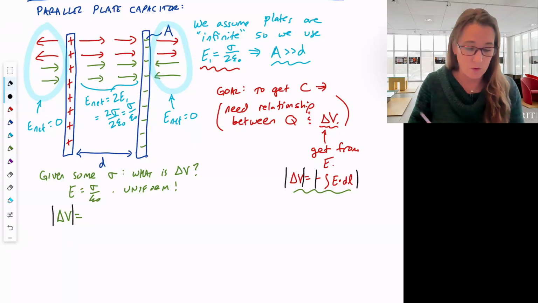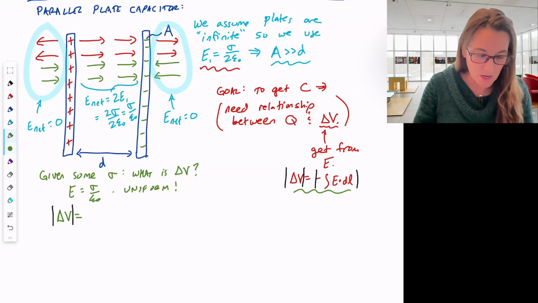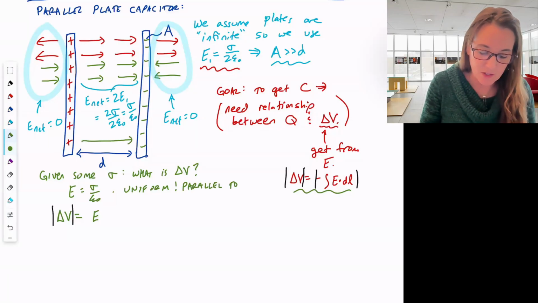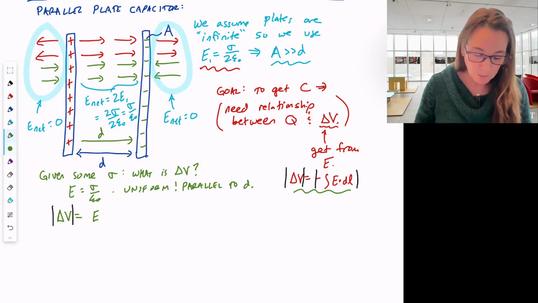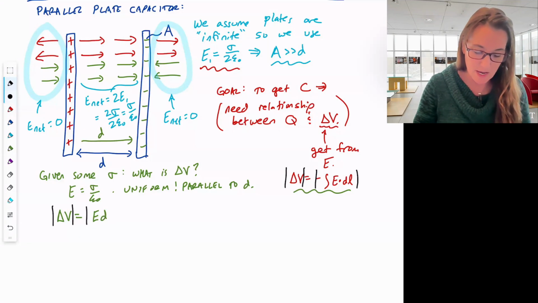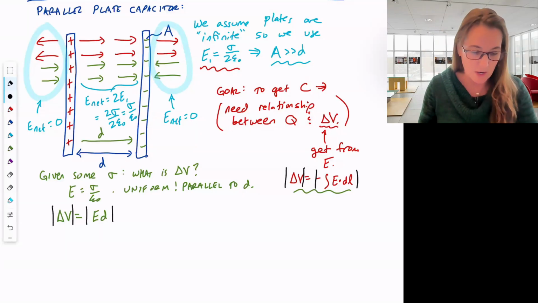We're looking at a value of capacitance. So delta V can be equal to my E, which is uniform and parallel to some d vector, so that's just E times d. Again, I'm just talking about magnitudes here. So that's what happened to my negative sign.